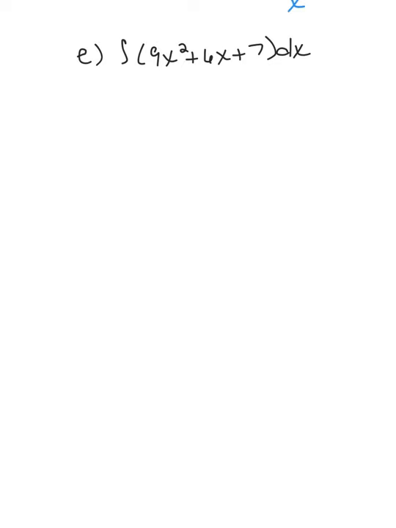On example E, we have the integral of the function 9x squared plus 6x plus 7 dx. When you look at this, because this is terms that are added or subtracted, our integration rules say that we can separate this into individual integrals.